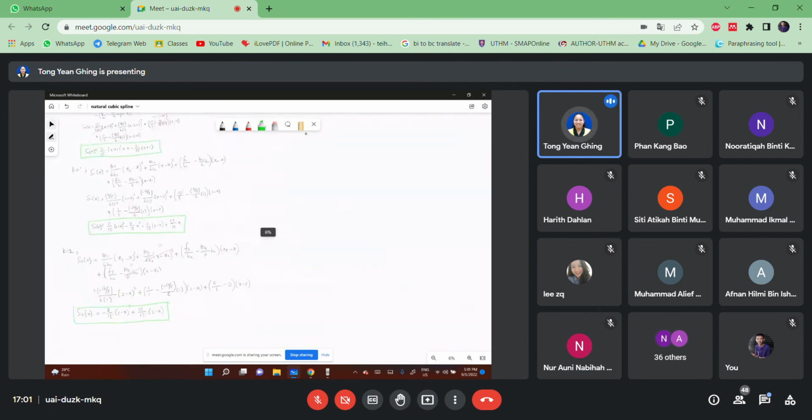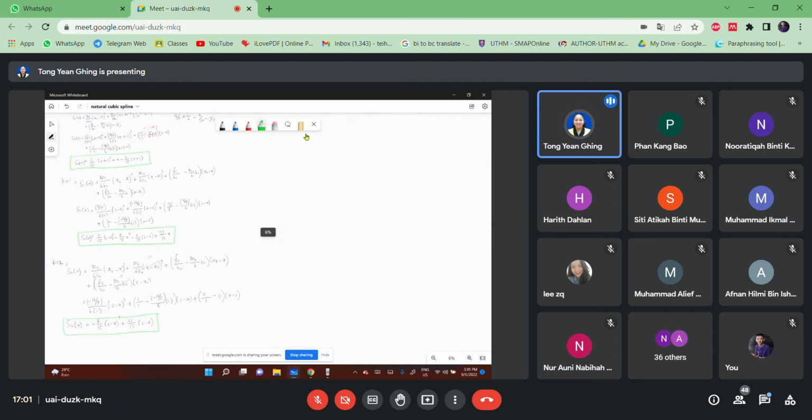Dari sini. Now our fx, saya tulis besar-besar sini, tepi sini boleh. So the Sx is equal to, normally we will write like this. Besarkan sikit.